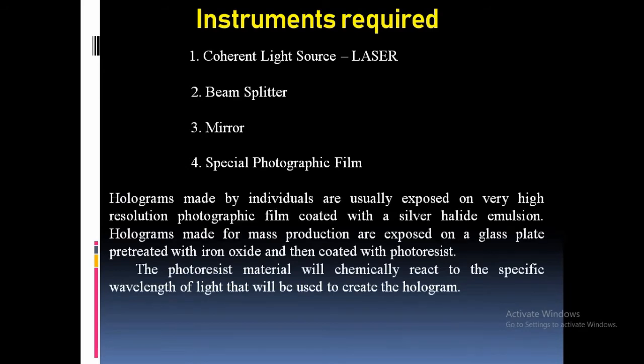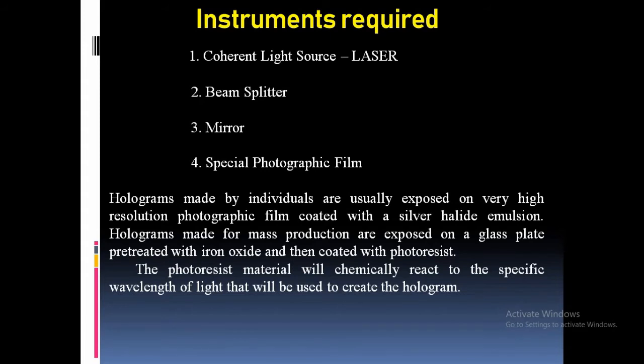Holograms made by individuals are usually exposed on very high resolution photographic film coated with a silver halide emulsion. Holograms made for mass production are usually exposed on a glass plate pre-treated with iron oxide and then coated with photoresist.